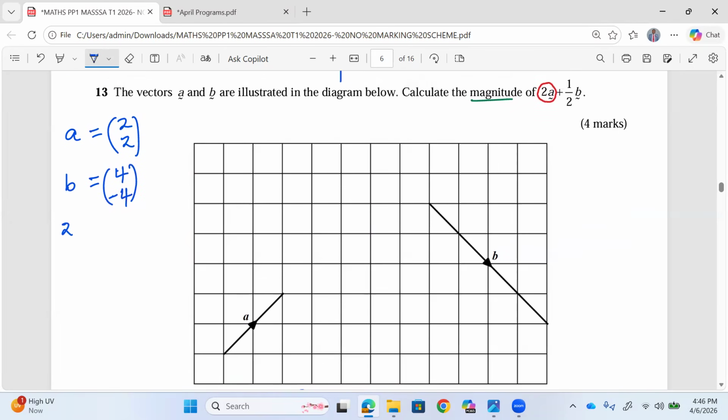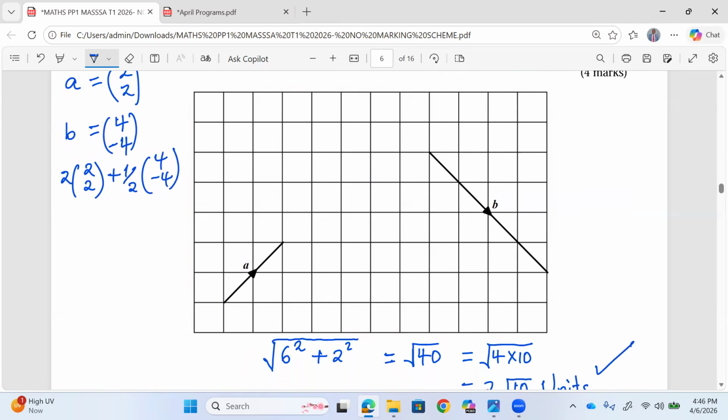So 2 vector A and half vector B. This is what it means. Can we have now 4, 4 after multiplying A by 2? Then this becomes a 2, that is 4 by half. Then this becomes negative 2. So that now this becomes 6 and this becomes positive 2.